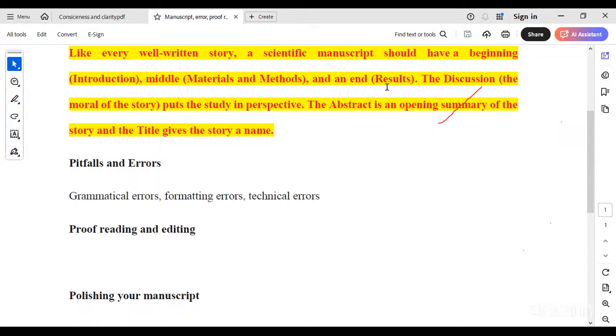It seems that you have a lack of professionalism, that you haven't gone through the guidelines of the research journal. Poor formatting can undermine the credibility of your work as well.